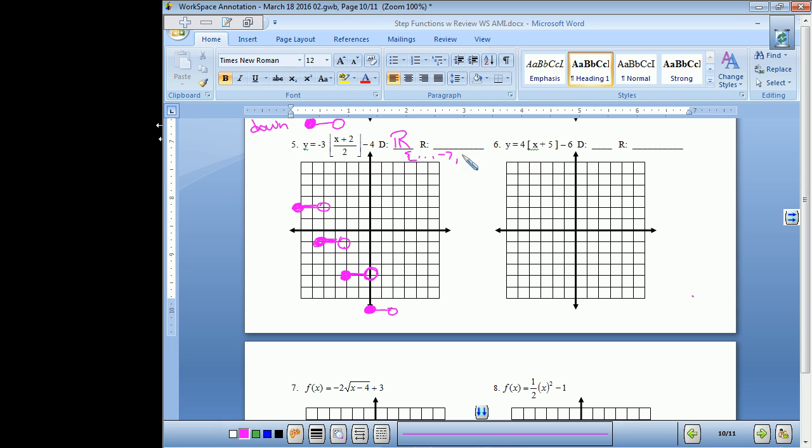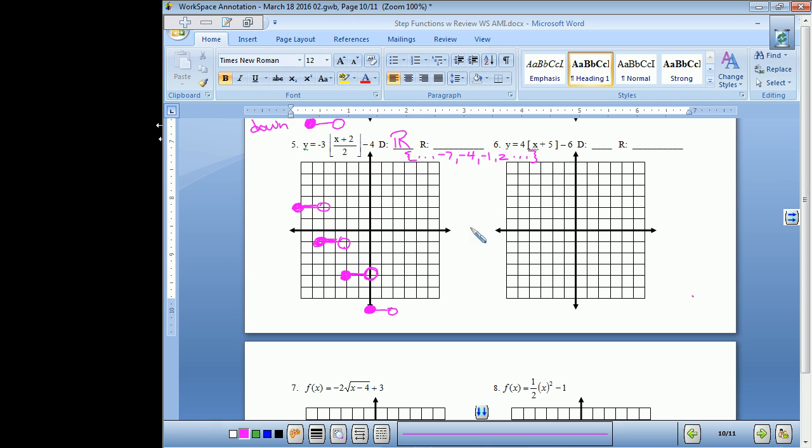This y value is -4. That y value is -1. That y value is +2. And it keeps going. So because we can't describe that in words, we have to give dots. It goes something like this.